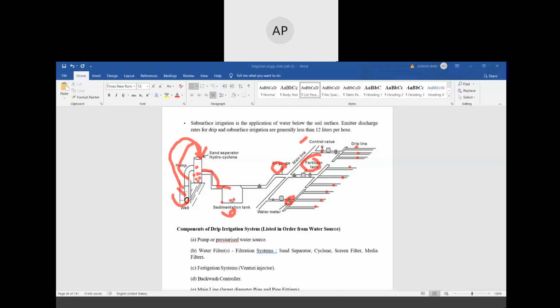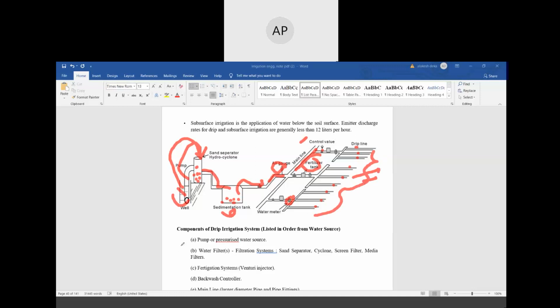Here organisms settle down, and the water then again goes to the main line. From the main line there are some sublines, and water meters are connected to every subline. From the sublines there are the drip lines, and ultimately it will spray water to the field. So the system is like that.